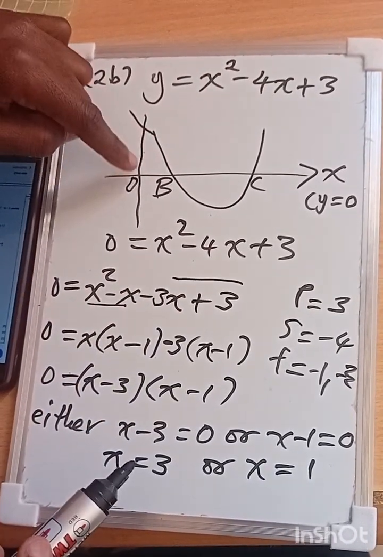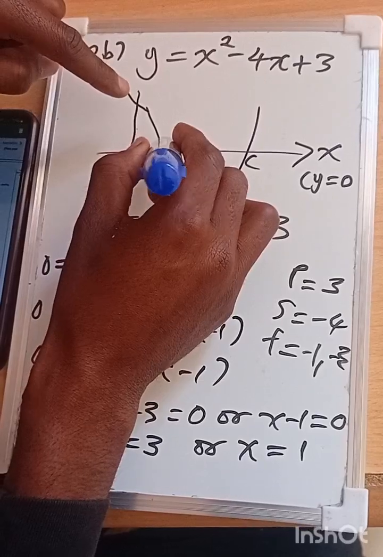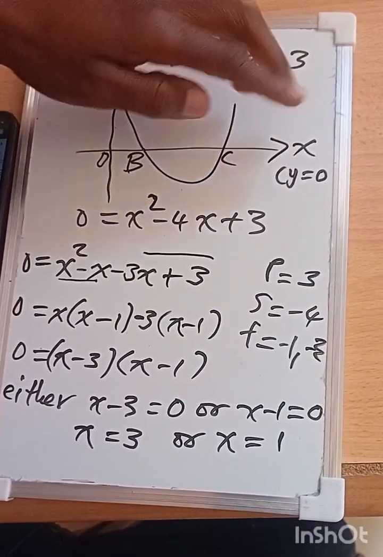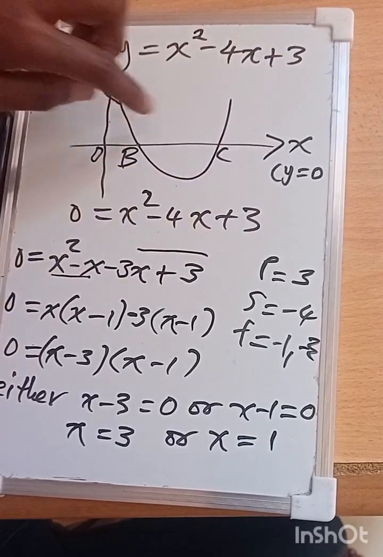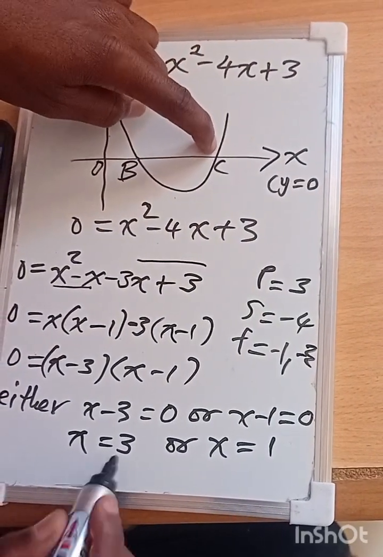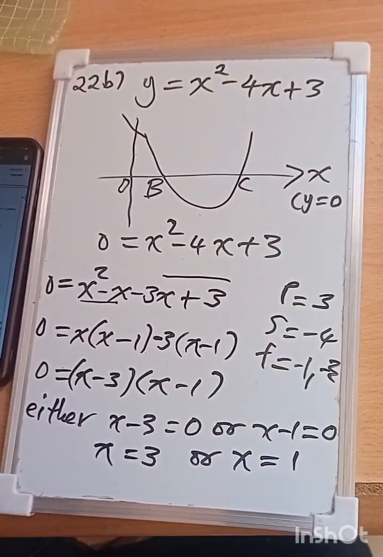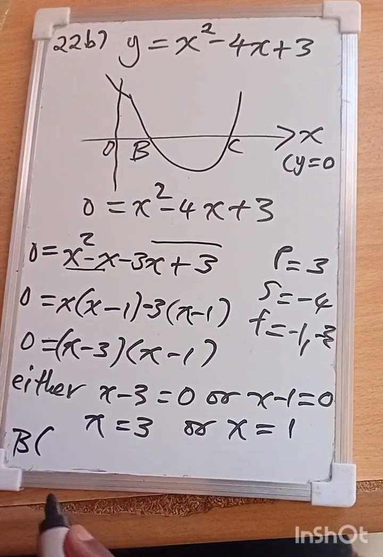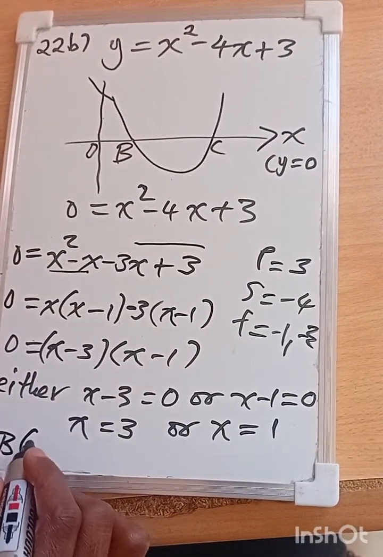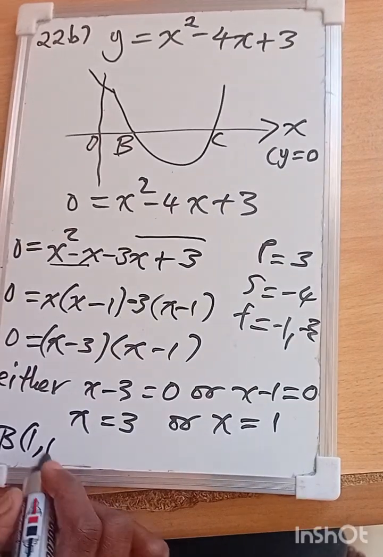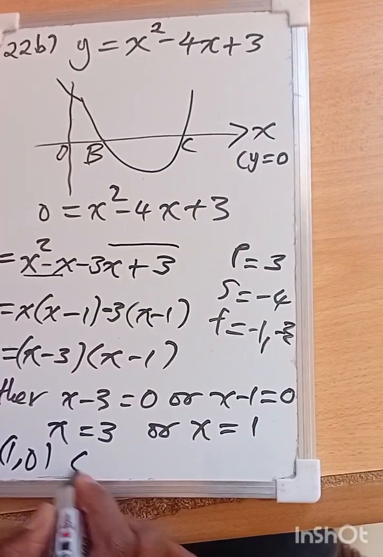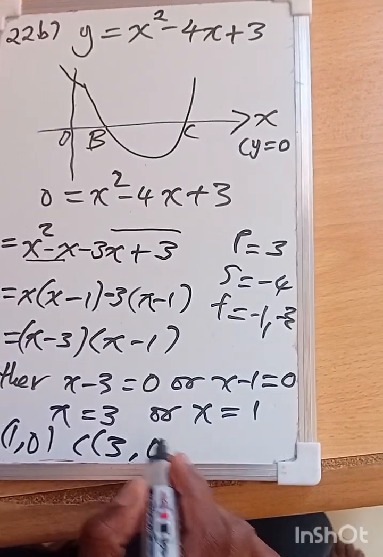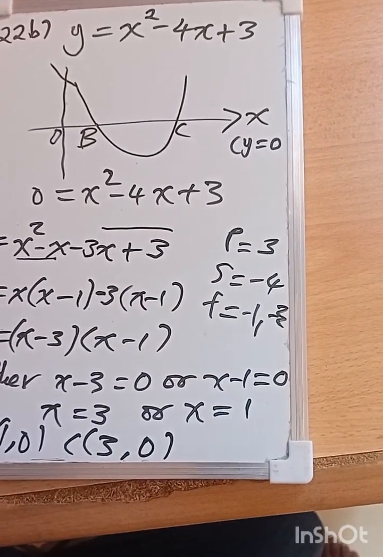The number close to 0 is 1, meaning the x coordinate of B is 1. The x coordinate of C is 3, since this is the x-axis and we're looking at x values. So they're asking for the coordinates of the points B and C. For B, the coordinates will be (1, 0). Then for C, you have (3, 0). These are your answers.